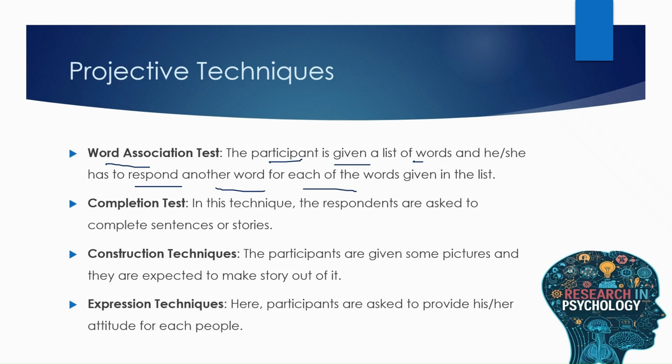Suppose you are given a word and asked to tell the first word that comes to your mind. Maybe you're asked statistics, and you say numbers, or maybe psychology, and you say psychiatrist or something. So that's the word association test.